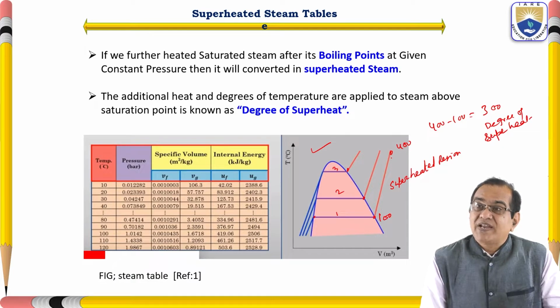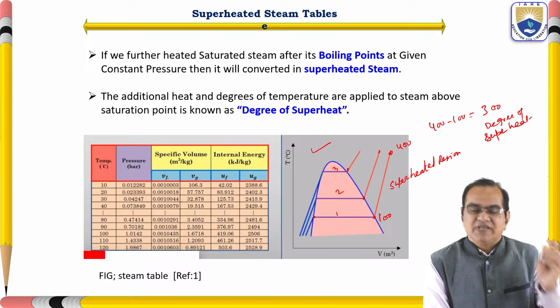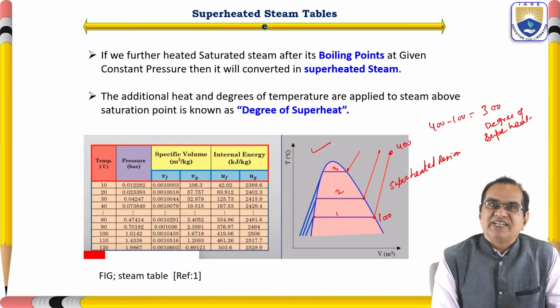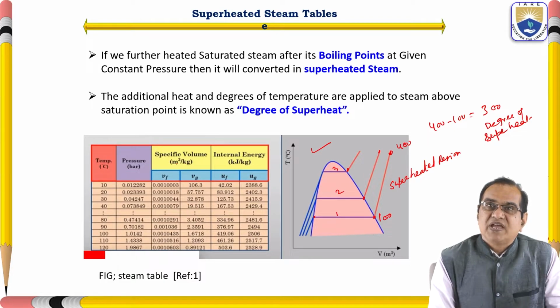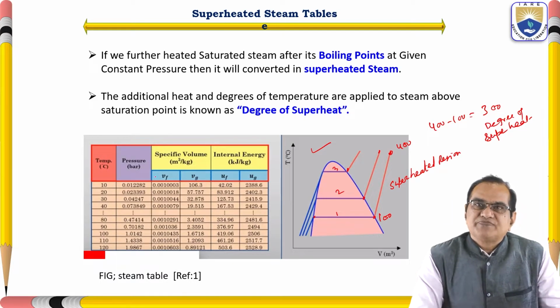And this you can find from the steam table. Here I have shown the steam table: temperature in degree centigrade, pressure in bars, specific volume in meter cube per kg, and internal energy u.